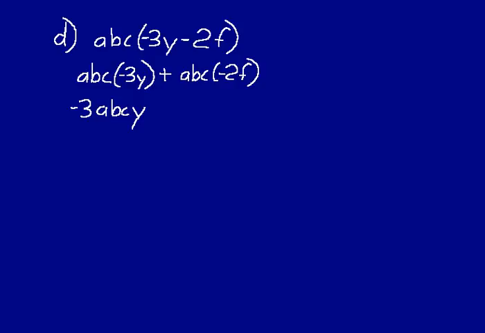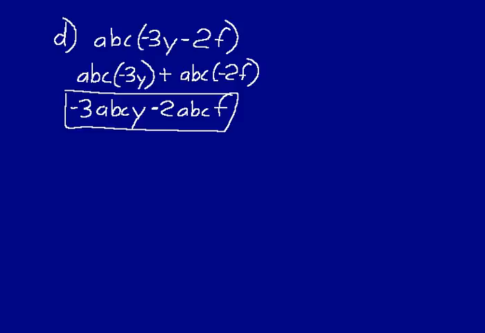And then for the next one, let's put the negative 2 in front. Instead of saying plus a negative 2, we'll just say negative 2 A, B, C, F. And so that would be our expanded form for that expression.